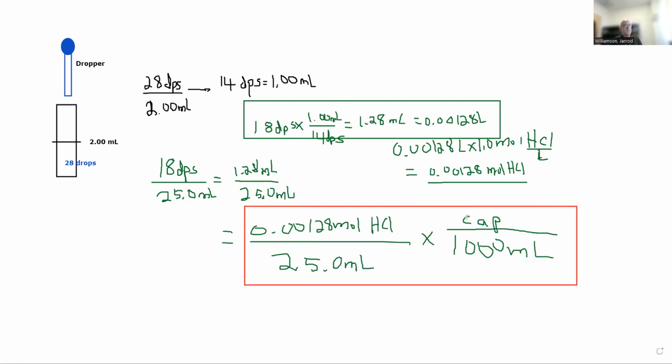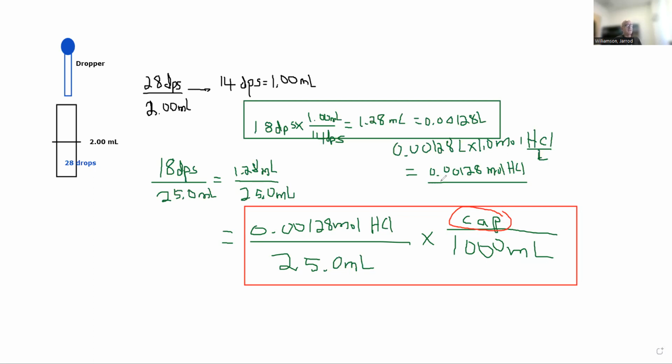So if I take this and I solve for capacity by just multiplying both sides by 1,000, 1,000 times this divided by 25, that'll be the capacity, the buffer capacity for acid for that particular buffer.